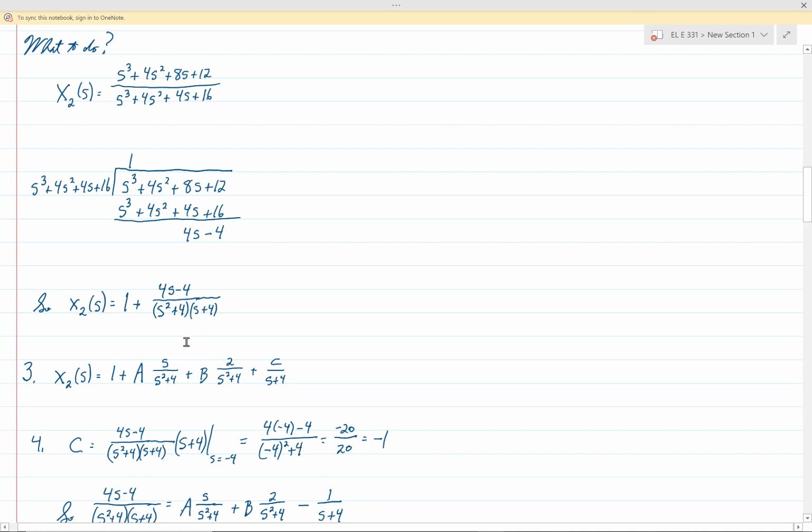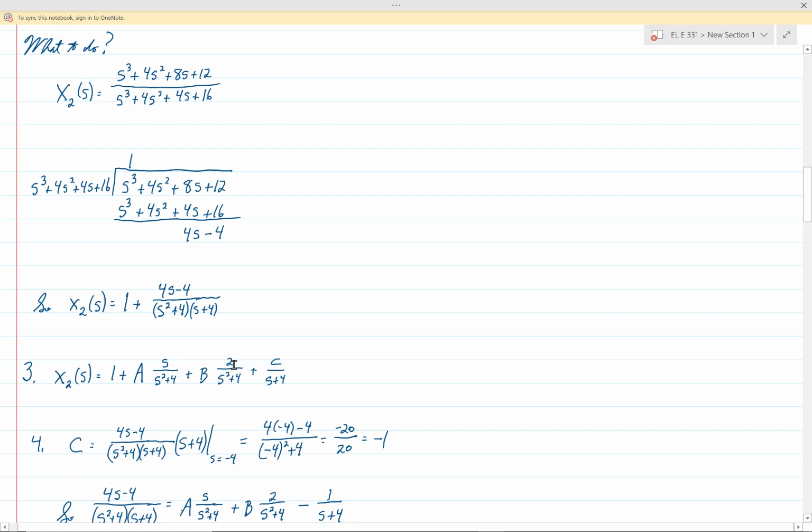Well, if you look at your table, you will see that for a term like that in the denominator, there are 2 entries. There's s over s squared plus omega naught squared, which is the Laplace transform of cosine omega naught t u of t.